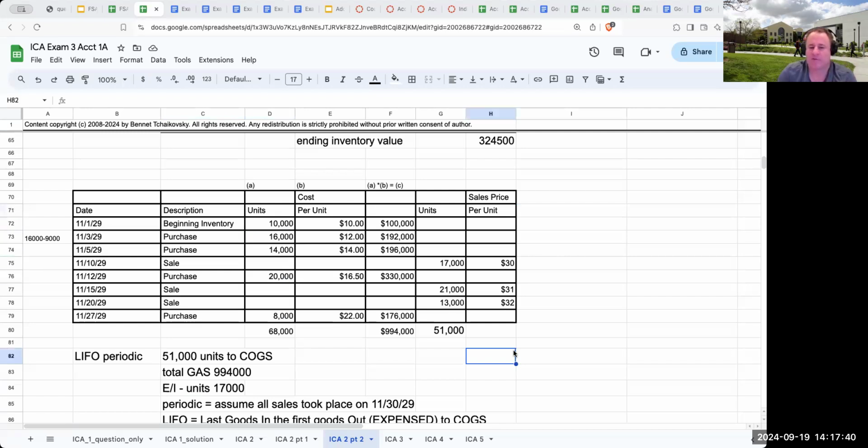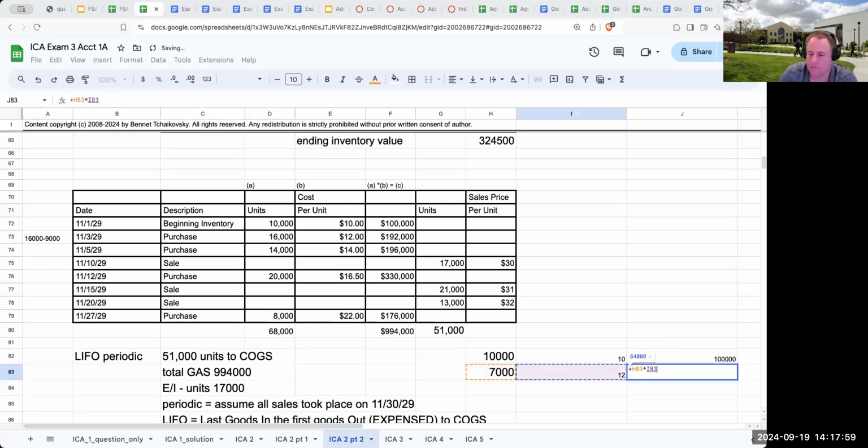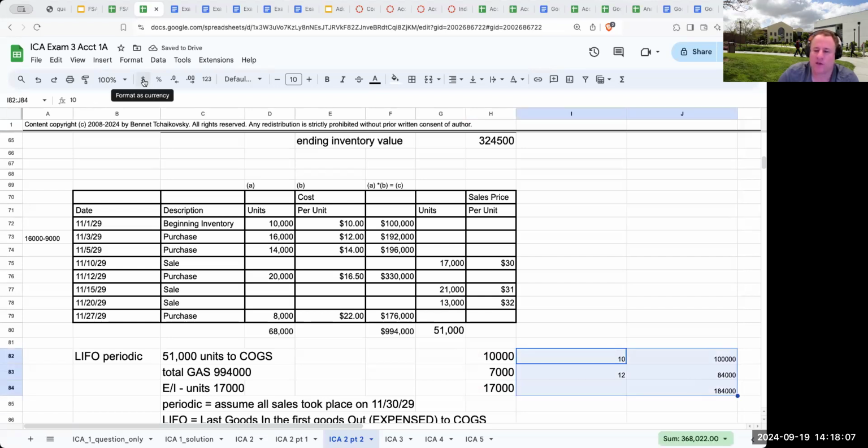Well, I'd have 10,000 units at 10 per unit for a total of 100,000. And then I would have 7,000 units left because remember, I took away 9,000. I'd have 7,000 units left at 12 over here for a total of 84,000, right? So my total ending inventory value is going to be 184.